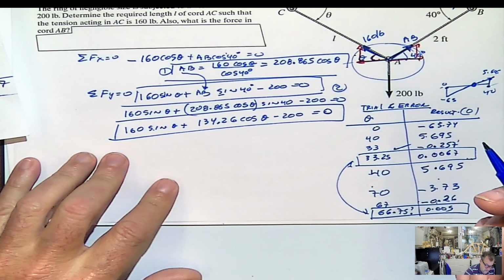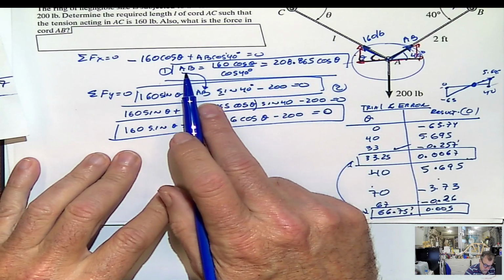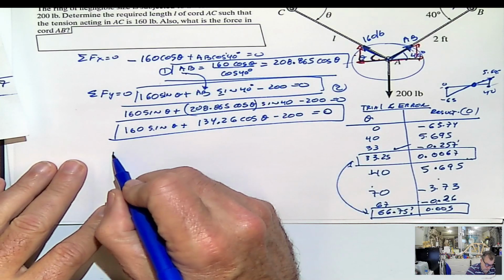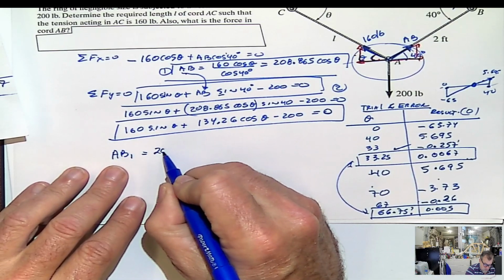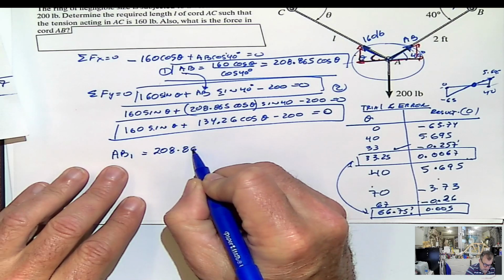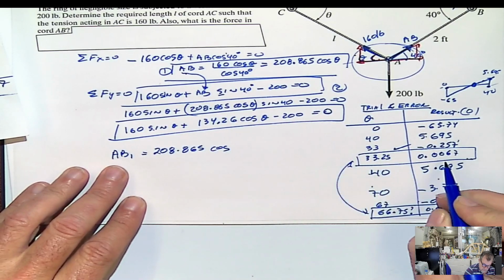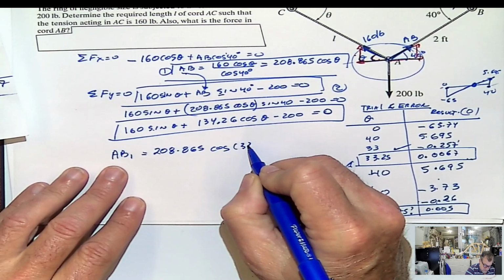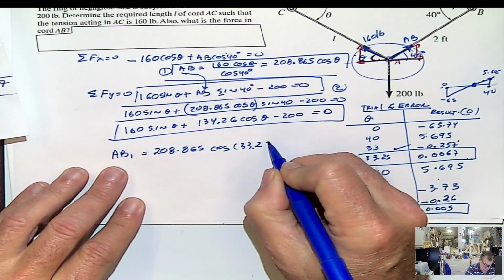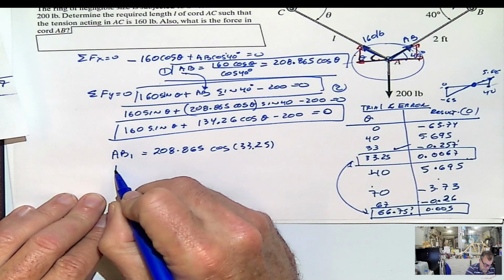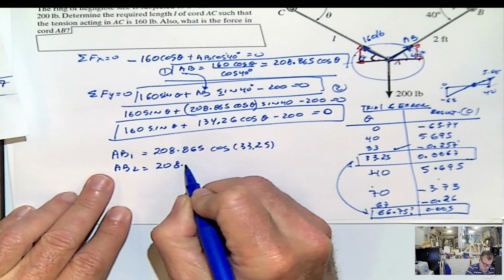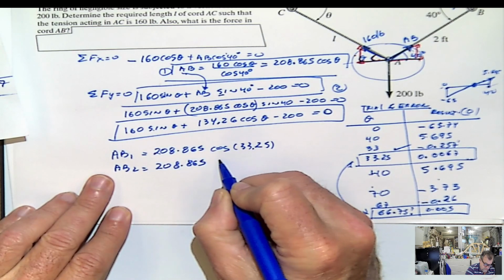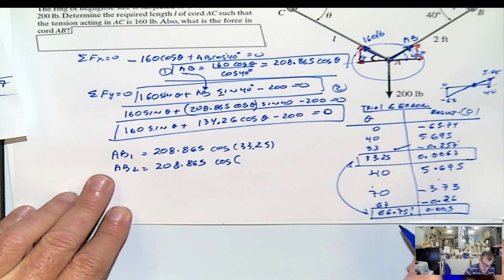If I want to know the value for AB, let's call it AB1 for the first one, it will be 208.865 cosine of this, and AB2 will be 208.865 cosine of this.